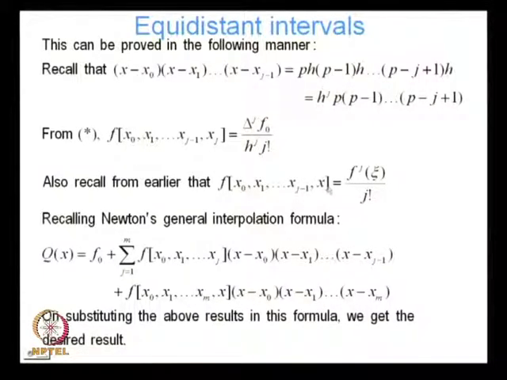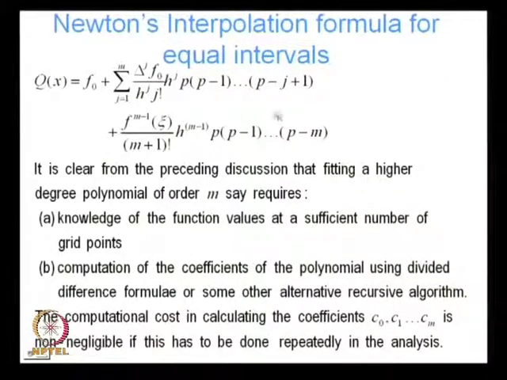On substituting these terms here, we get the desired result, which shows that in case you have equidistant grid points, you can write Newton's interpolation formula in terms of the forward differences.